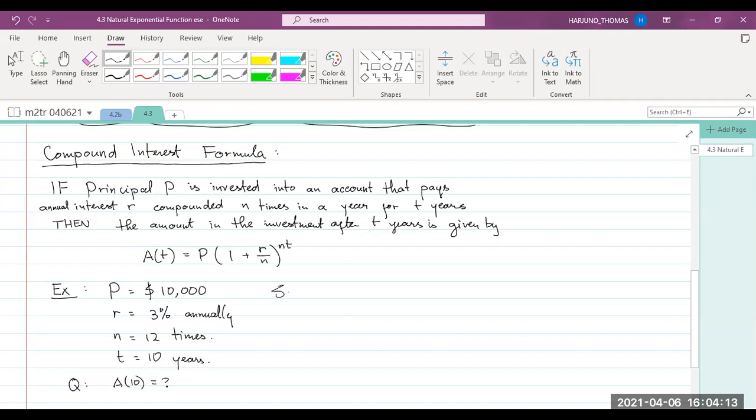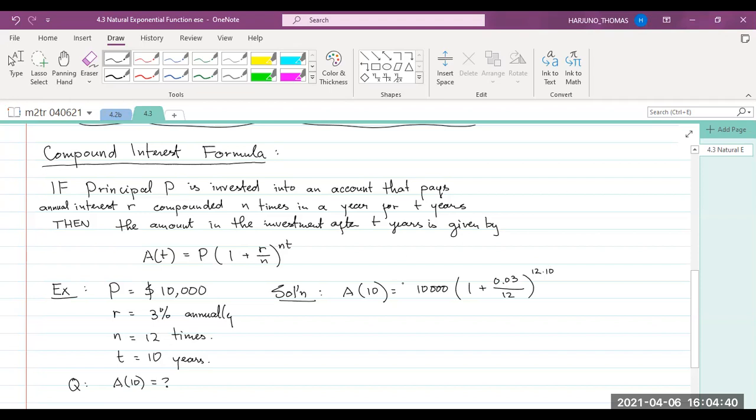Solution. The amount of money you have after 10 years is the principal $10,000 multiplied by (1 plus 3% in decimal divided by 12) to the power of 12 times 10 years.